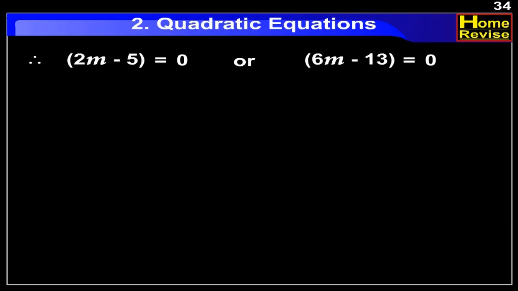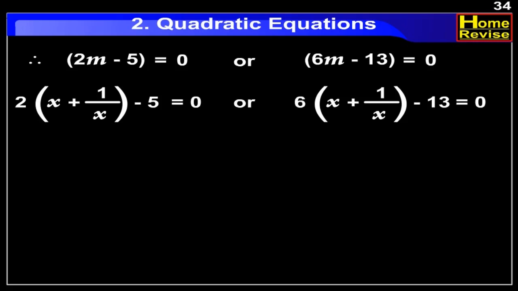But we know that m is equal to x + 1/x. Putting this value, we get 2(x + 1/x) − 5 = 0, or 6(x + 1/x) − 13 = 0.